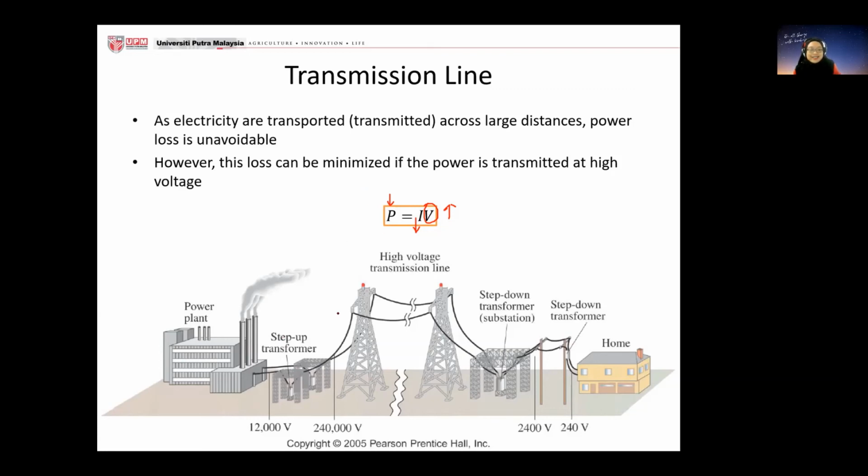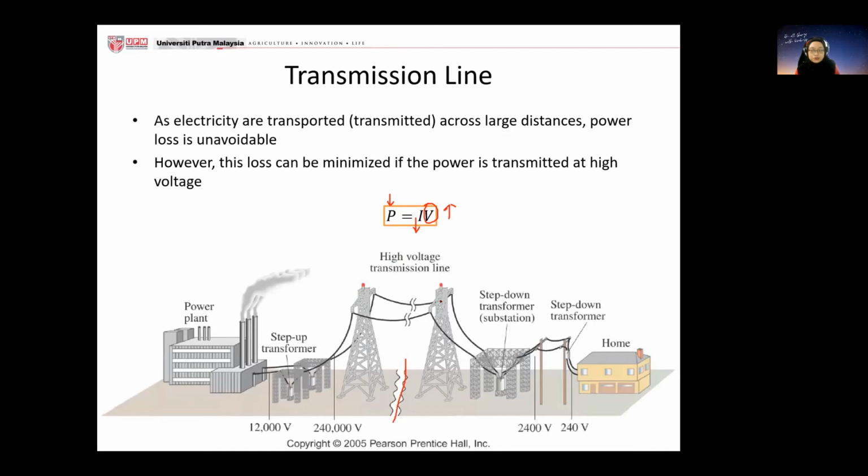That is where the voltage is increased, and it goes to the transmission line. Usually the transmission line is long, a very big distance. It's not 1 kilometer, not 10 kilometers, it can be hundreds or thousands of kilometers. So you have a high voltage transmission line.